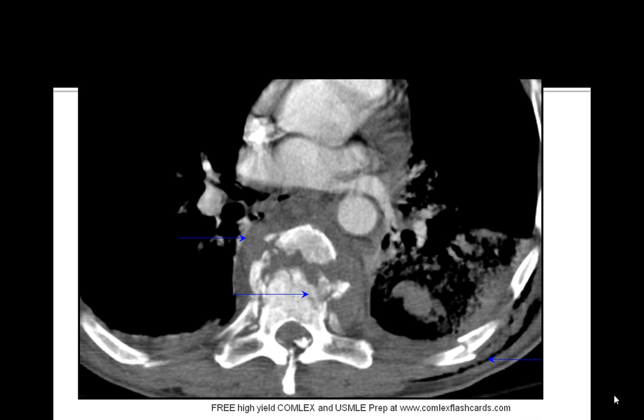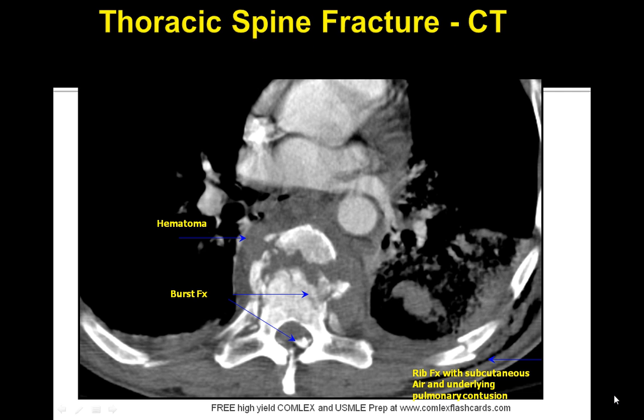Again, some key findings. Again, a burst fracture, a hematoma, and here you have a rib fracture with subcutaneous air and underlying pulmonary contusion. And so this is an excellent view showing you a thoracic spine fracture.